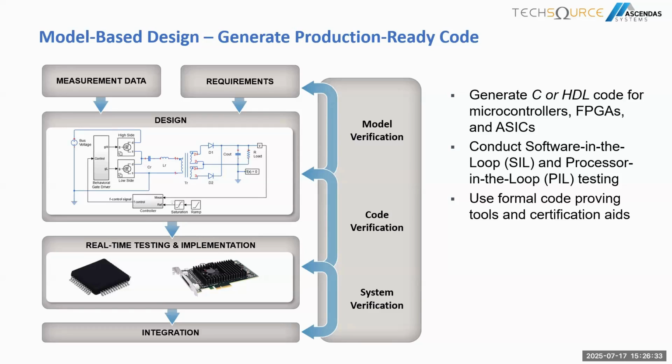So this is just part of the formal code proving tools that Simulink and Simscape provide, to aid in ensuring that the generated code is free from errors and developed in compliance with standards.